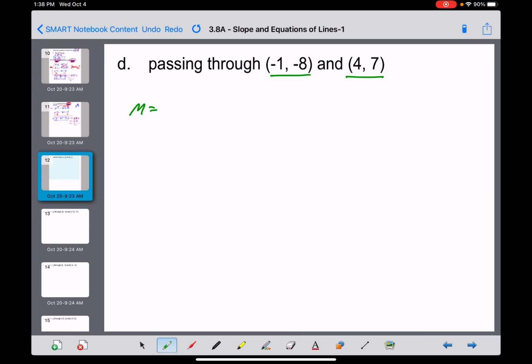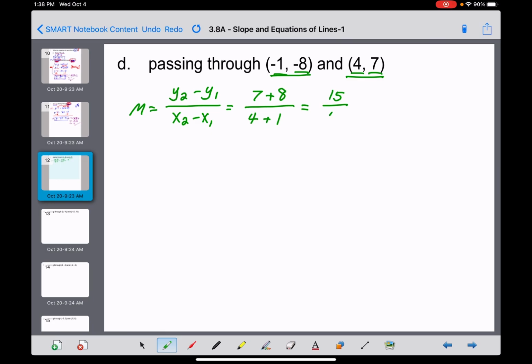So m equals, let's write it out now because it's been a minute, y2 minus y1 over x2 minus x1. What does that do for us here, guys? Y sub 2 is 7 minus y sub 1, which is negative 8, so that becomes a plus 8. All over x sub 2, which is 4, minus x sub 1, which is negative 1, that becomes a plus 1.